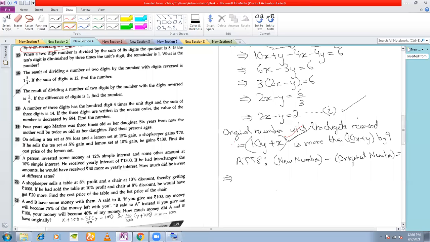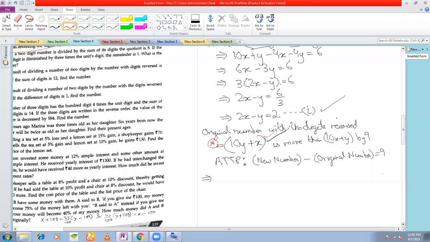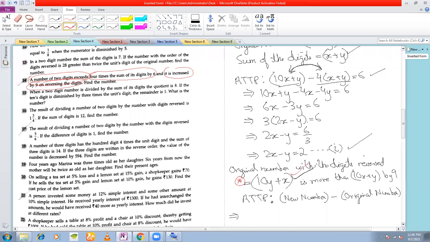This new number is more than the original number by 9. That is what the language means. Understood? The number is increased by 9 on reversing the digits.